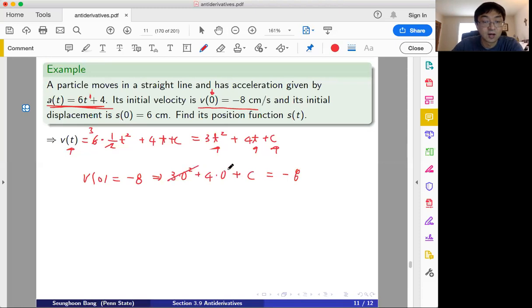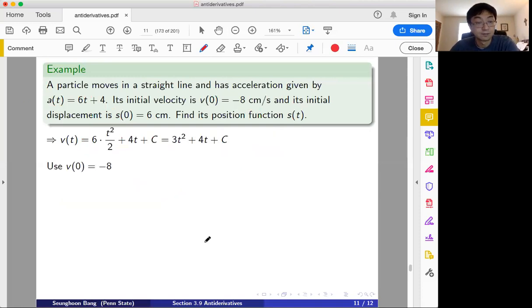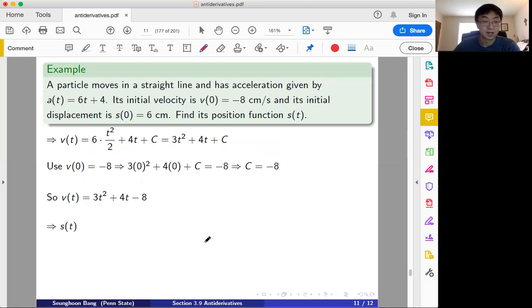So 0 and 0. What's c? C equals minus 8. You plug back into v of t. So v of t is 3t squared plus 4t minus 8. This is v of t.